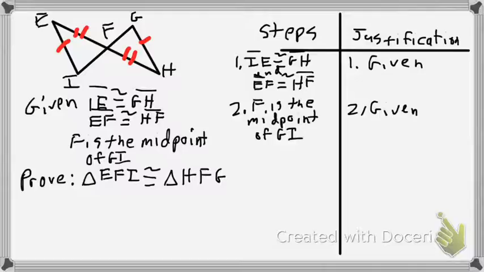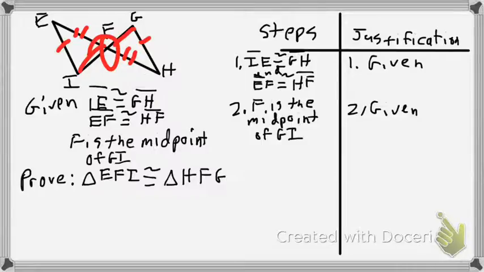Then we have to ask, what does midpoint mean? Midpoint means that these two segments are going to be completely equal because the midpoint cuts things in half. The definition of midpoint is that it creates two congruent segments.